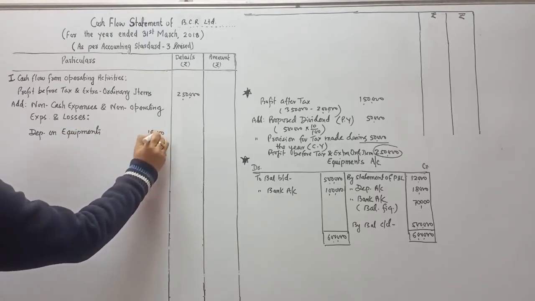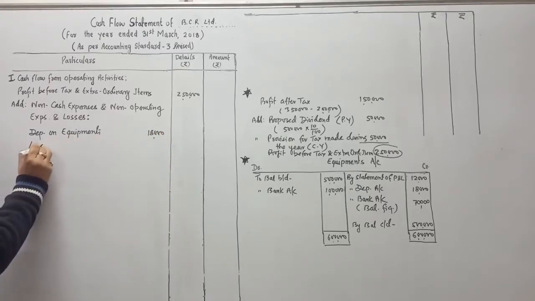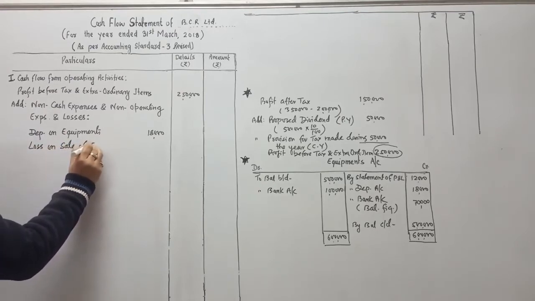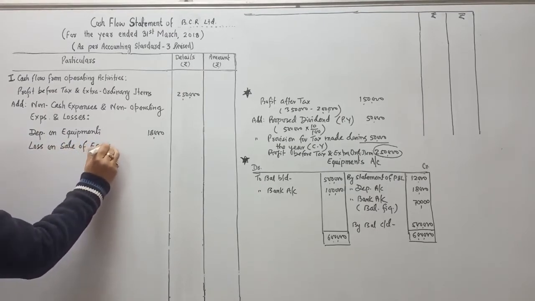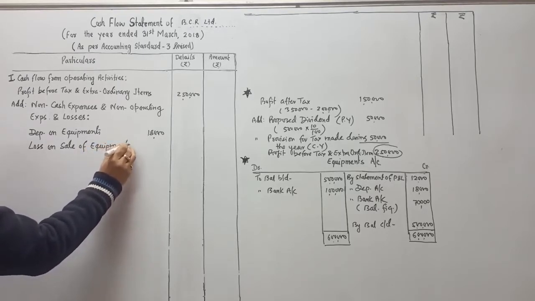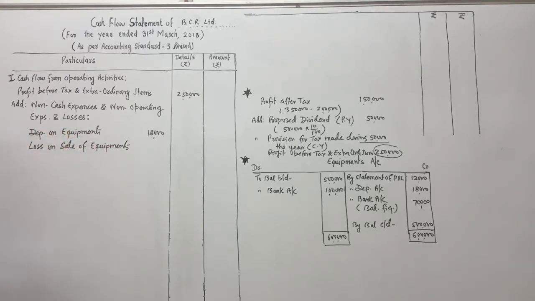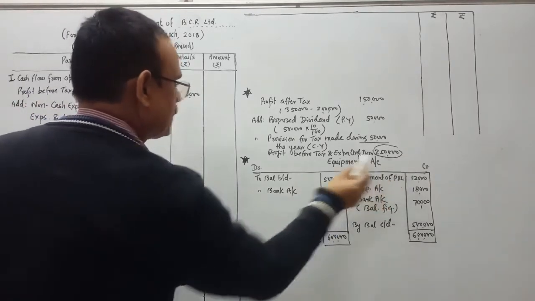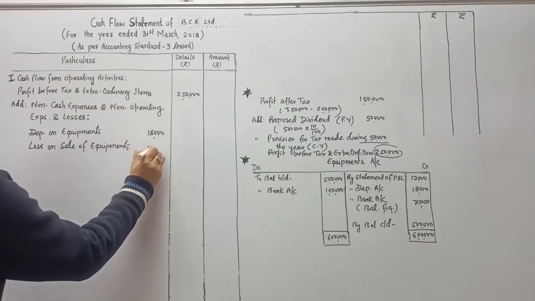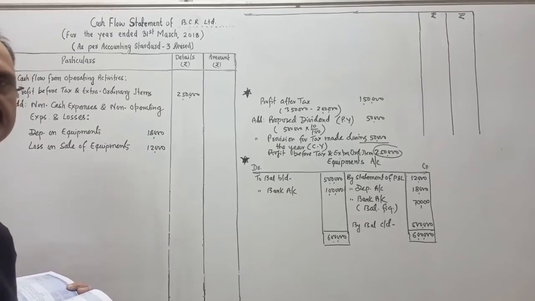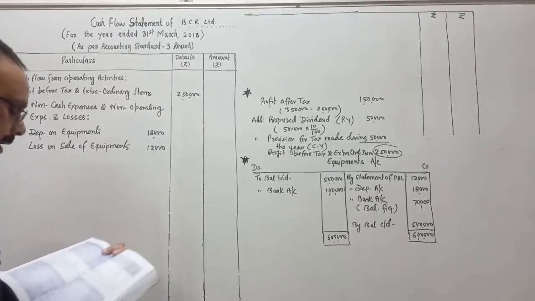And loss on sale of equipment is a non-operating loss. This is 12,000. So we will add the non-operating loss as well. Depreciation on equipment is a non-cash expense and loss on sale of equipment is a non-operating loss. Both we will add.